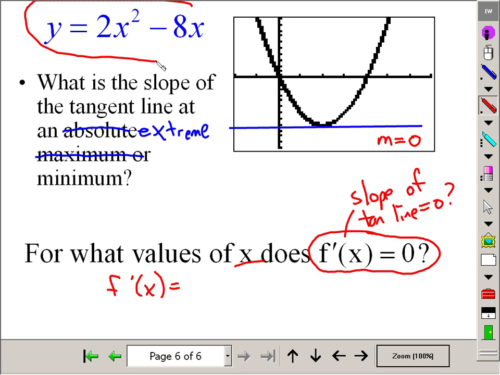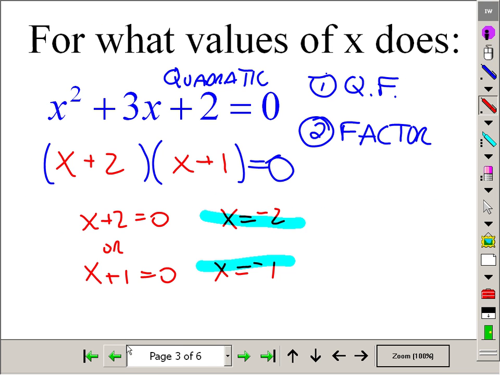And the way we can do that is figure out, for this one here, what's f prime of x. Again, here's our original problem. Y equals 2x squared minus 8x. So the derivative will be, give you a little dramatic pause here, 4x minus 8. And we want to figure out where that equals 0.